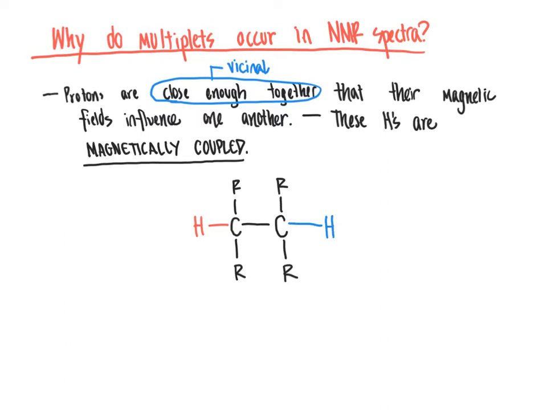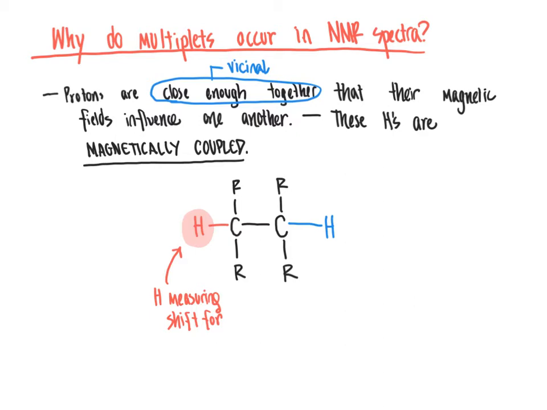And so let's say that we are measuring the NMR signal for the hydrogen shown in red, the hydrogen on the left here. So this is the particular hydrogen that we are measuring the chemical shift for. When we're measuring the chemical shift of this particular hydrogen, it will show up somewhere along the x-axis between 0 and 10 ppm.